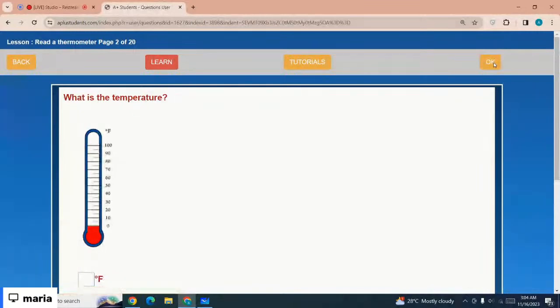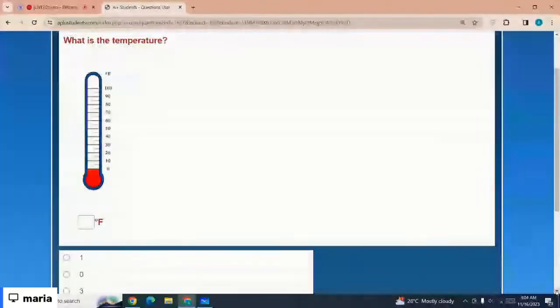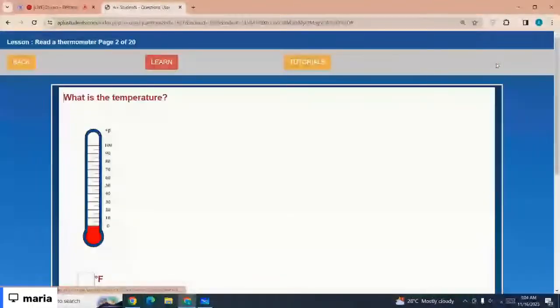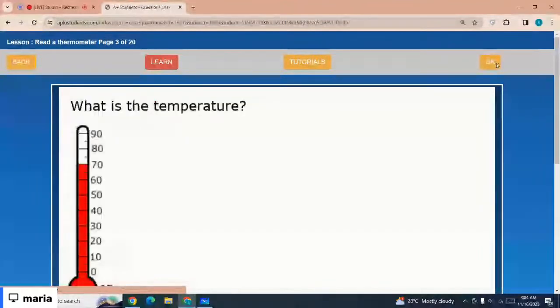Next, what is the temperature? Just match the red line where the line is ending. That would be 0, and here you have F, so it would be 0 degrees Fahrenheit. Basically, we have two units to measure the temperature. One is C, that is Celsius, and the other one is F, that is Fahrenheit.